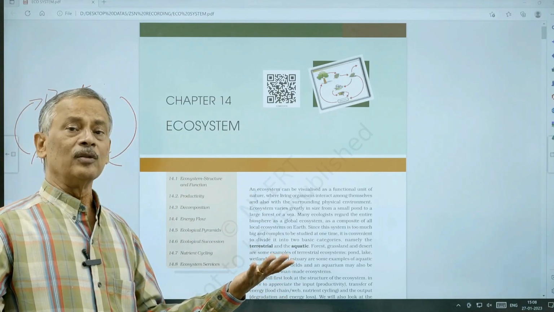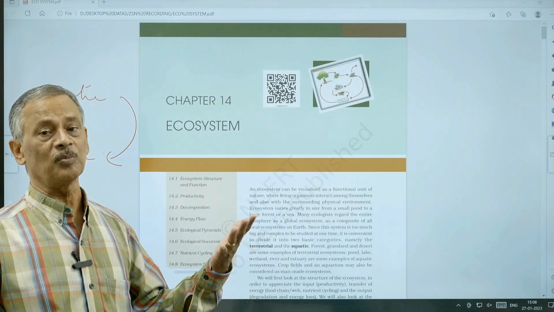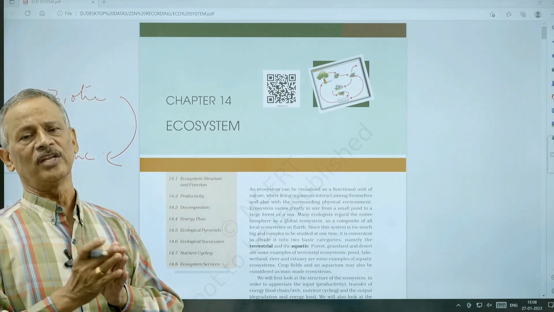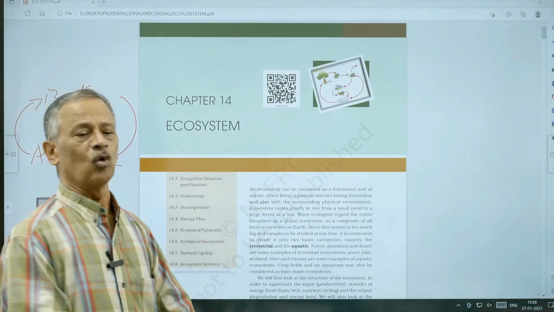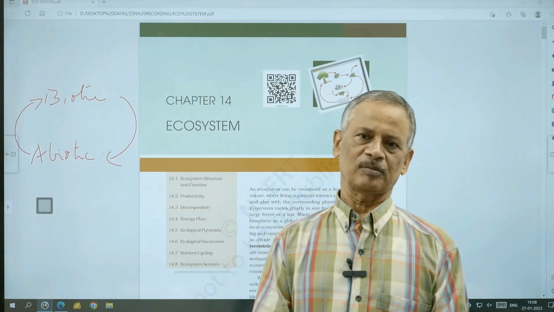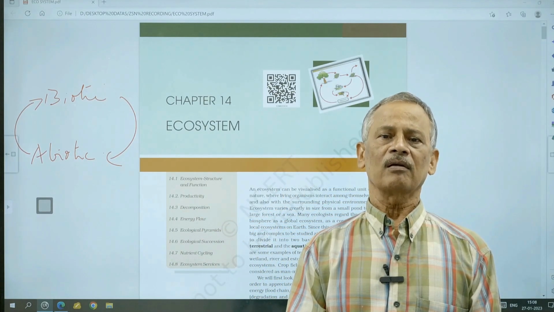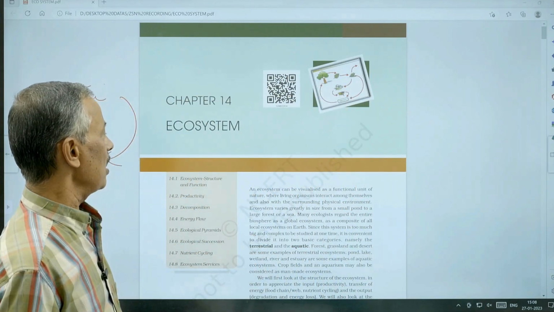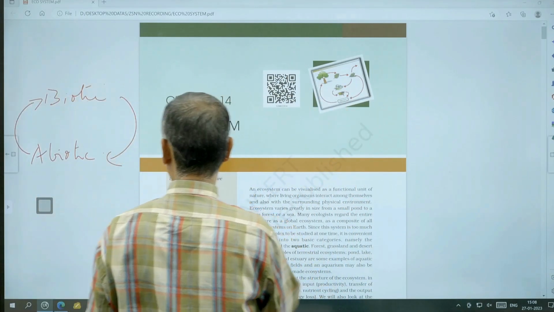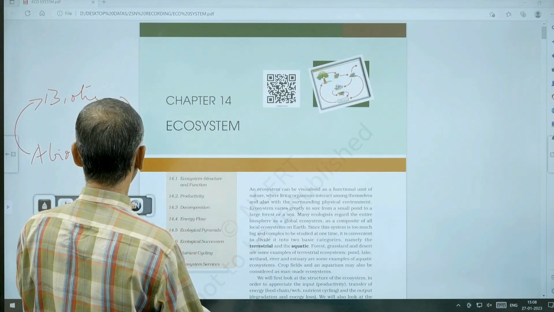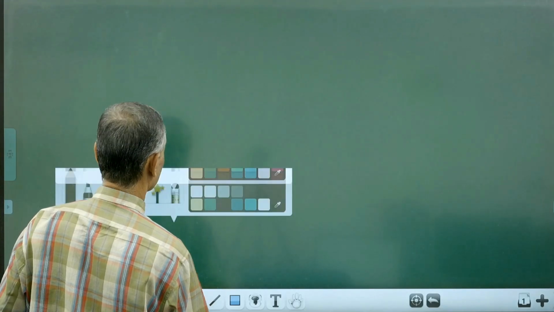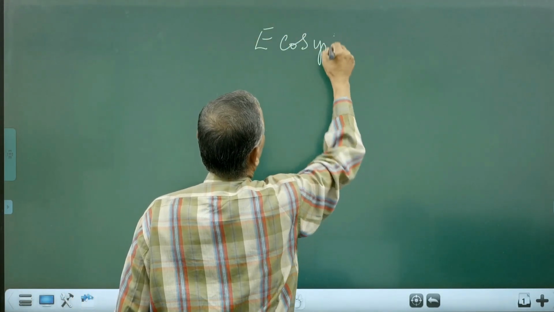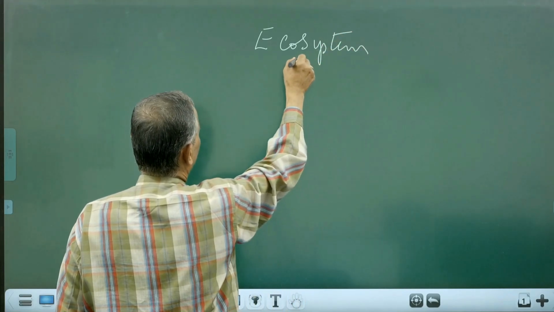See, the whole world can be considered to be as a very giant ecosystem. But for the ease of our study, we are all grouping into so many smaller and smaller units. Ecosystems can be classified into two, mainly terrestrial and aquatic. So an ecosystem may be classified based upon the medium.